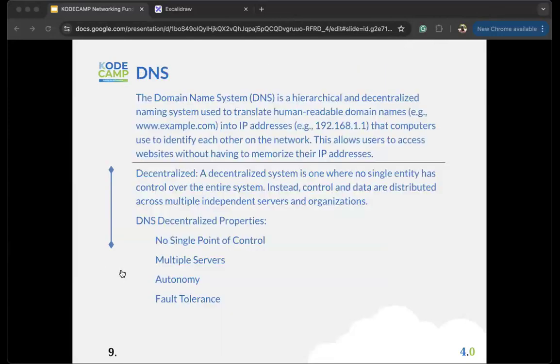Okay, so quickly looking at DNS, which is the domain name system, right?